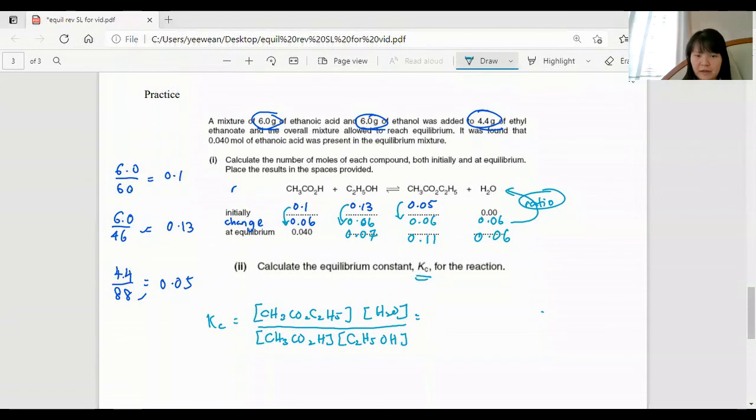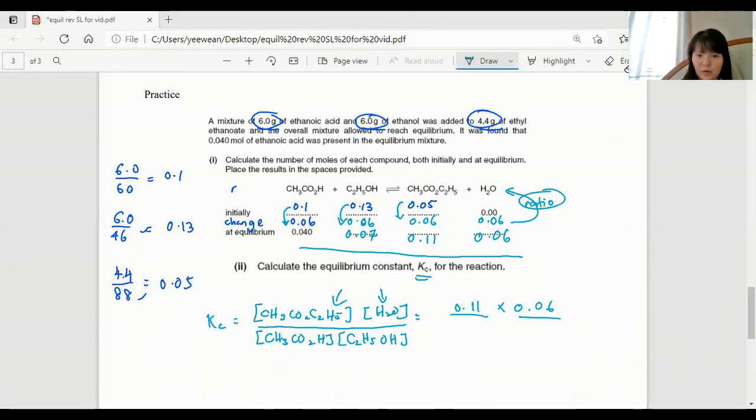So I'm going to fill in the values. Remember, I told you it has to be the concentration value, and I only have moles here, but no worries. They're all in the same container, so they have the same volume. Let me put that in order.